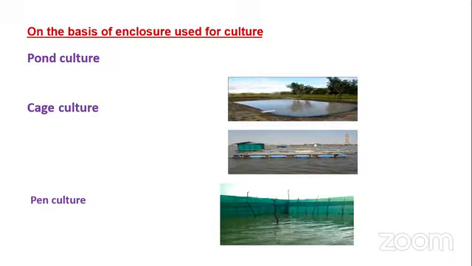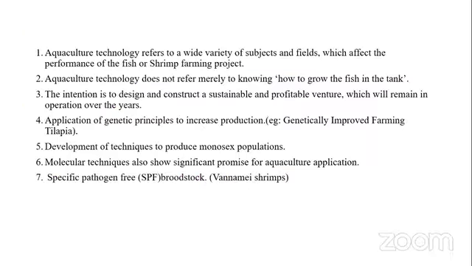If we compare the cost incurred, it is reasonable compared to the others. Then there is the cage, which you can see in the picture and which I will discuss in detail in forthcoming slides. Then there is pen culture, which is nothing but another enclosure where we can do fish culture. Next slide, please, ma'am.